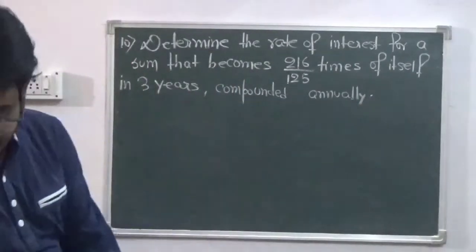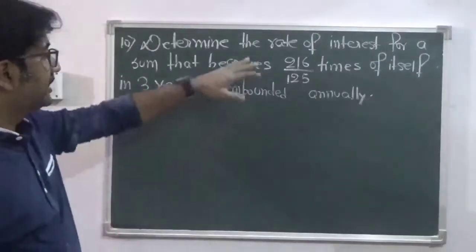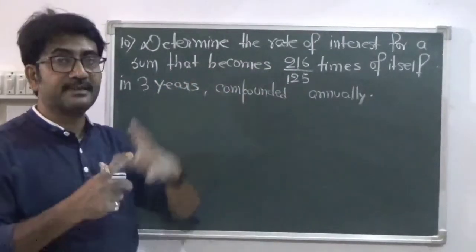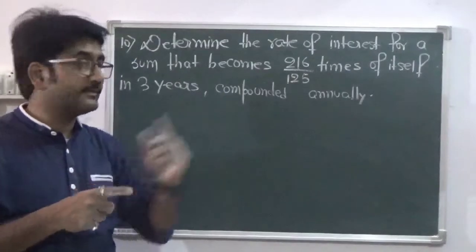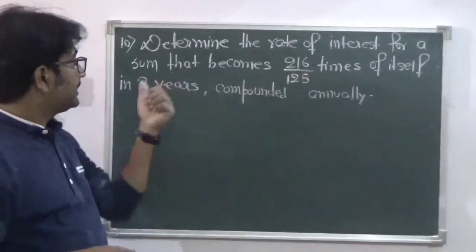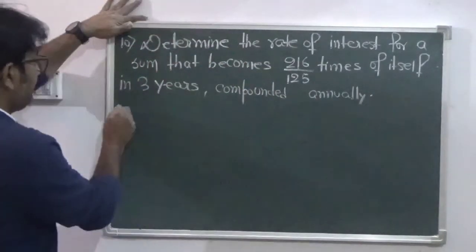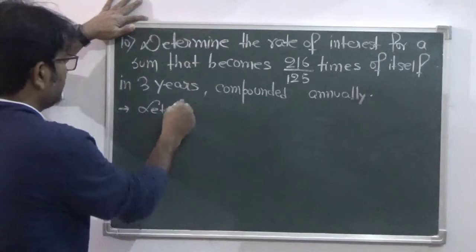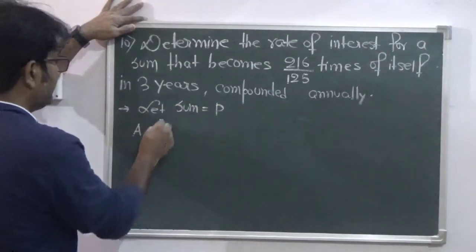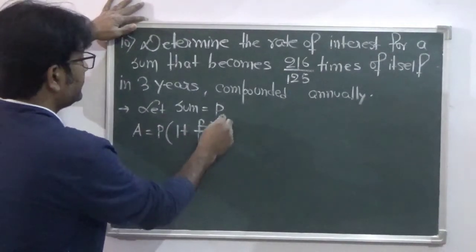Now what is given in this question is: determine the rate of interest. Again, the quantity to be found is the rate, for a sum that becomes 216 by 125 times of itself. So the sum becomes this much of itself, that means this is the amount. It has become this much in 3 years. So let the sum be P. We have amount equals P into 1 plus R by 100 to the power n.